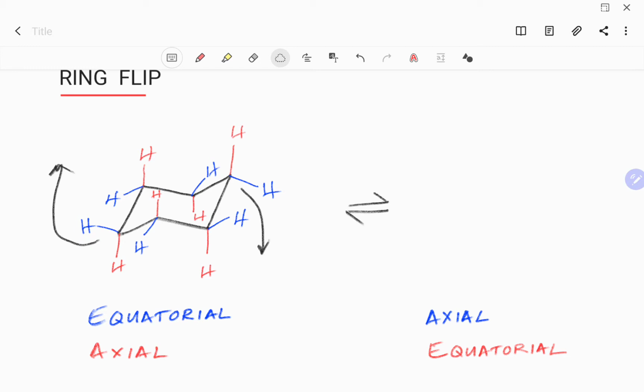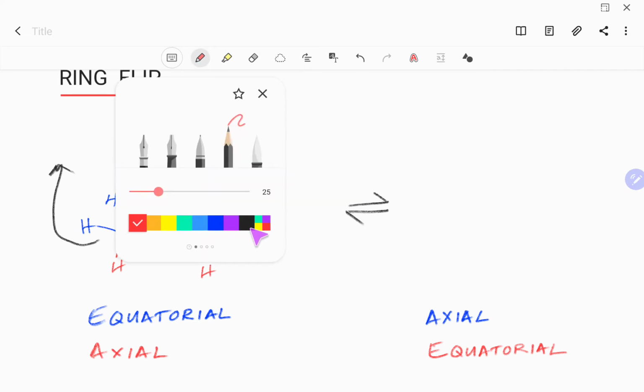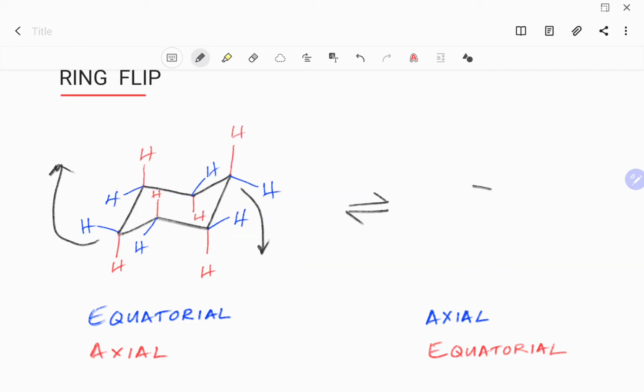In this shortcut, you draw the same chair conformation, the same thing you learned in my previous video. The carbons pointing up will have axial bonds going up, and the carbons pointing down will have axial bonds going down.